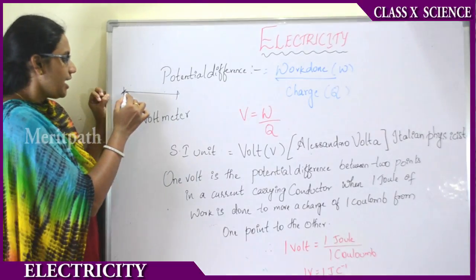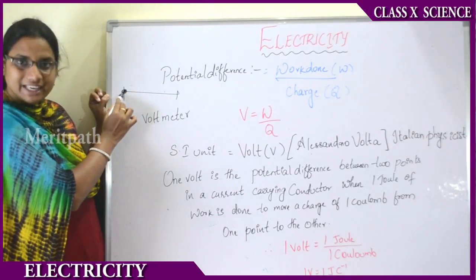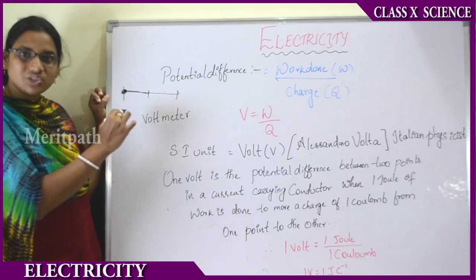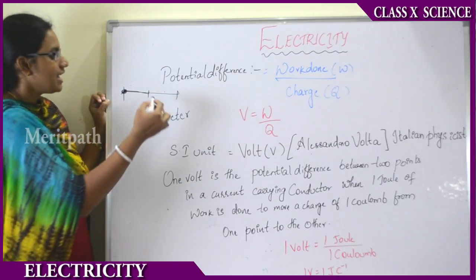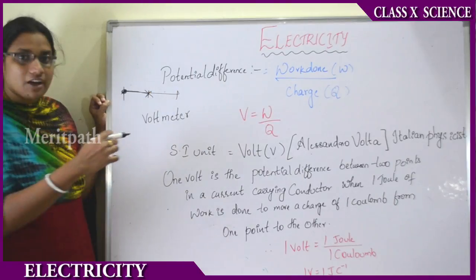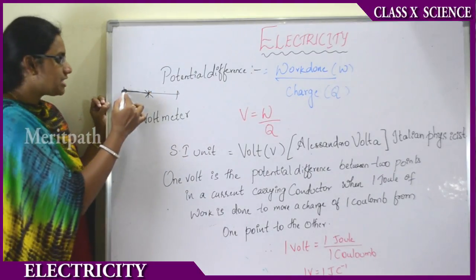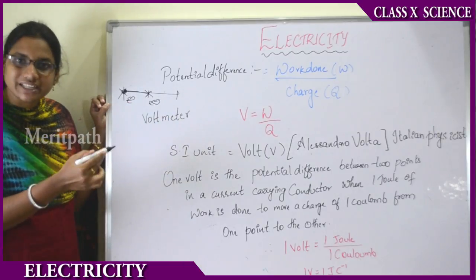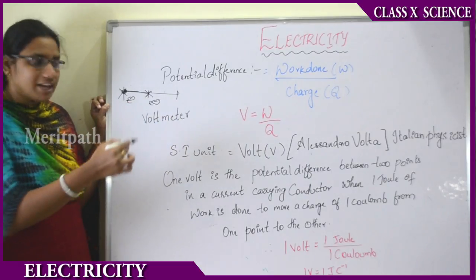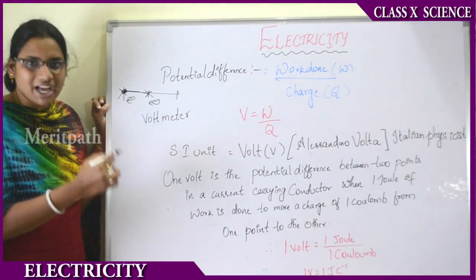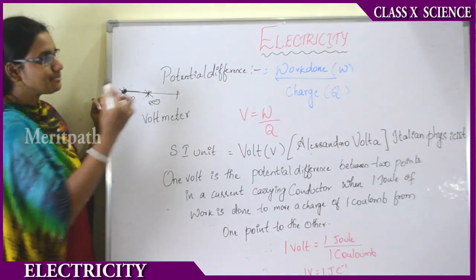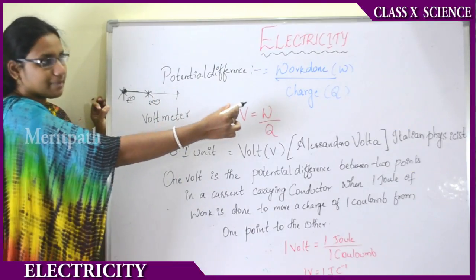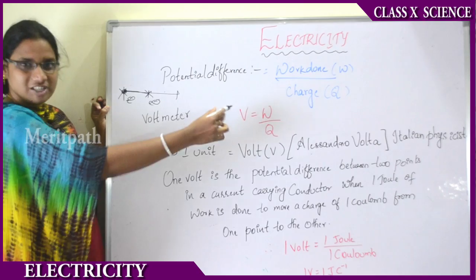If one electron is here, and we try to move this electron from one place to the other, then that amount of energy or work done to move this negative charge is defined as the potential difference, that is, the rate of work done by charge.